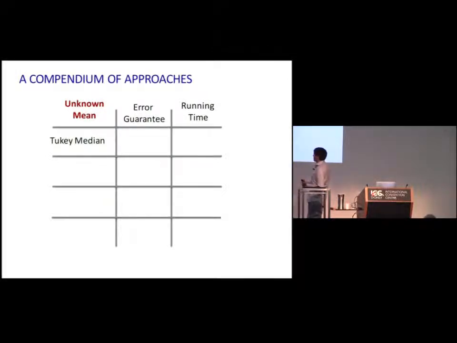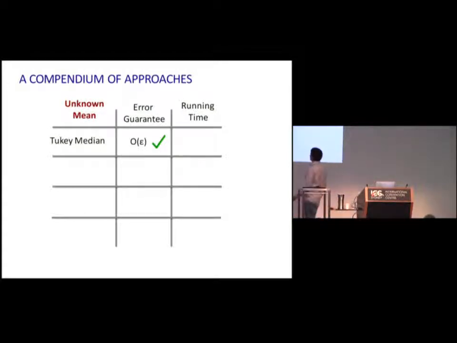There's a very natural thing called the Tukey median, which I'm not going to define because I want to keep the technical baggage low for this talk. But it turns out that the Tukey median has the best possible error guarantee you could hope for. You're given something that's epsilon close in total variation, and you find something that's O of epsilon close, again in the same metric.